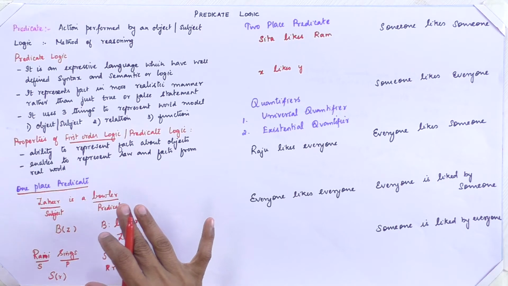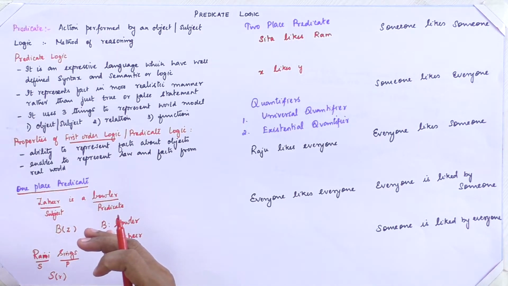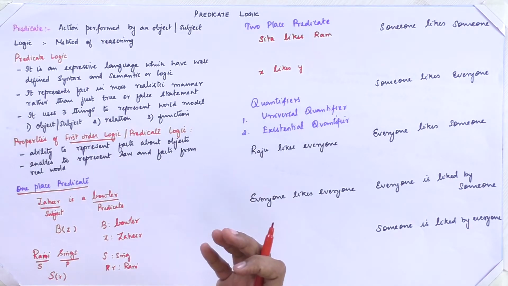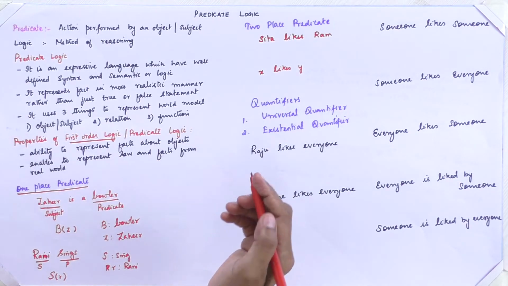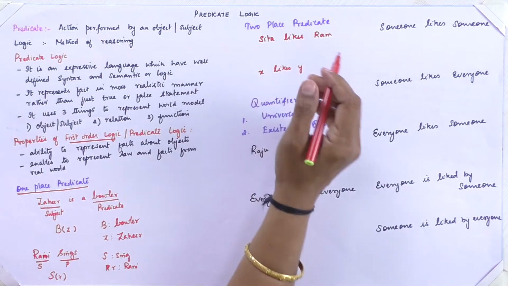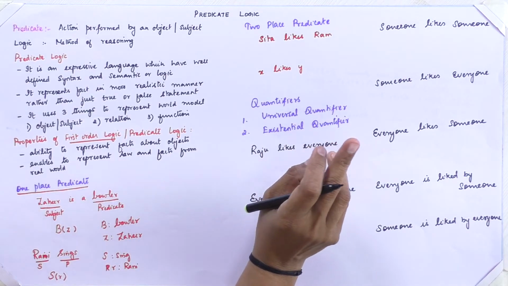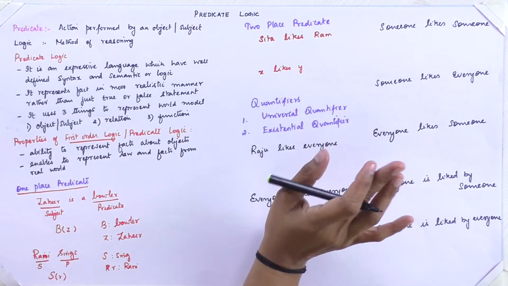Understood now? Yes. So after understanding what one place predicate is all about, next we will move on to the two place predicate term. Here we have an example: Sita likes Ram. Sita likes Ram means I will have to first decide whether this is a one place predicate or two place predicate.